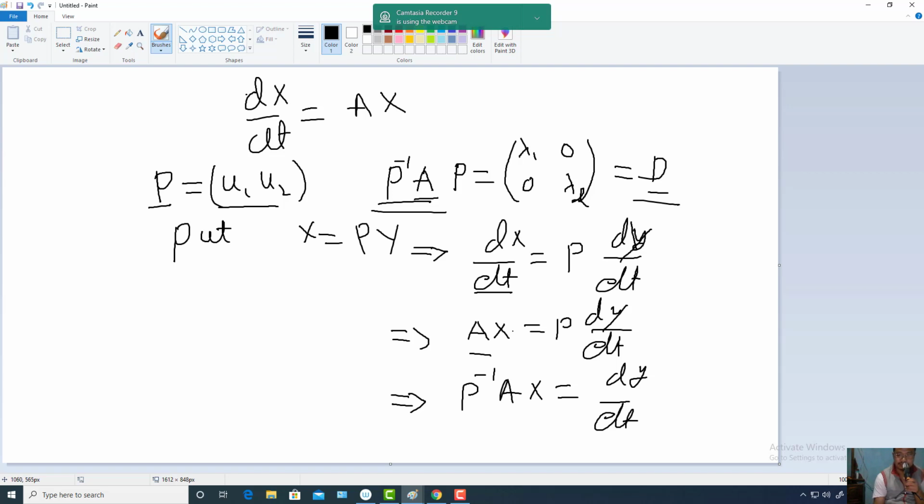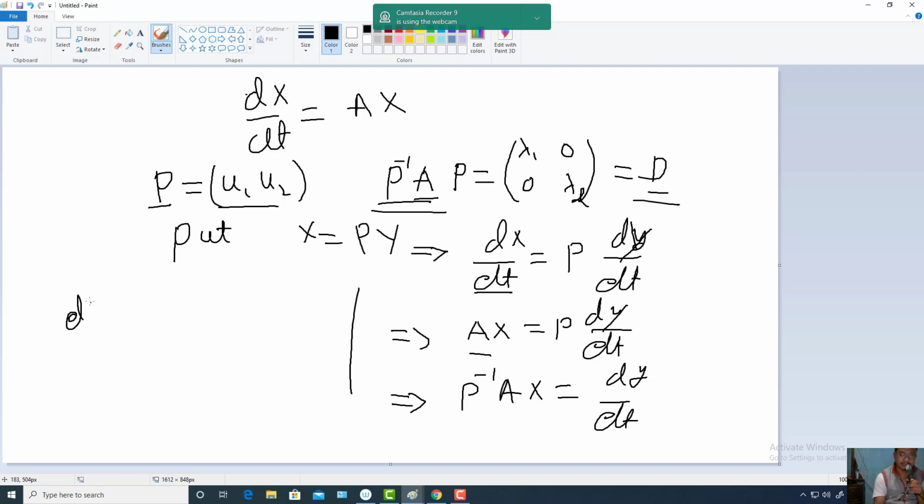All right, p inverse. And x is equal to py. So then ultimately, if you put x is equal to py, what do you get?